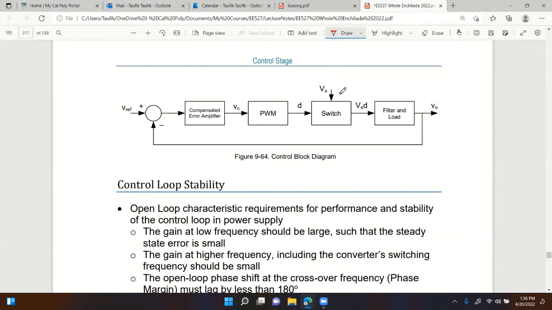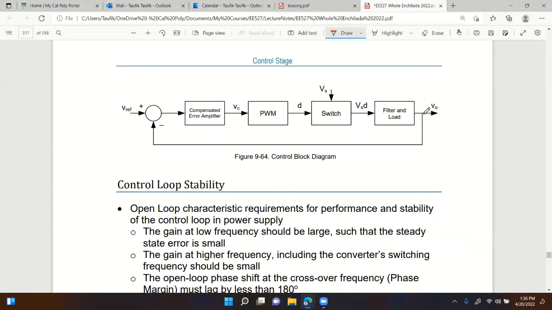And then let's say we start from the input voltage. It is now applied to our switch, and the switch turns on and off. And along with the duty cycle, we get our portion of the input voltage, VS times D, and then we send that signal into the filter and load to give us the output voltage, right?